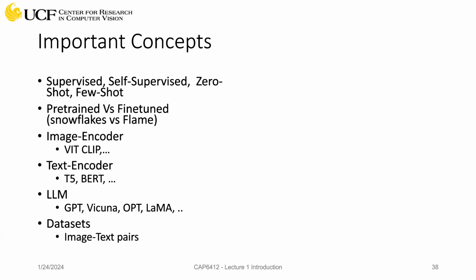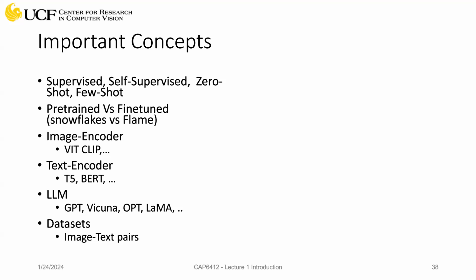Then an important thing in deep learning is data sets, right? In particular, the image and text pairs, because the deep learning revolution started with the ImageNet data set, which had 1,000 classes, and for each of them we have examples, and it demonstrated deep learning really works. Now for this visual language model, starting with CLIP, image text pairs are important because you are bringing in the language to the computer vision.